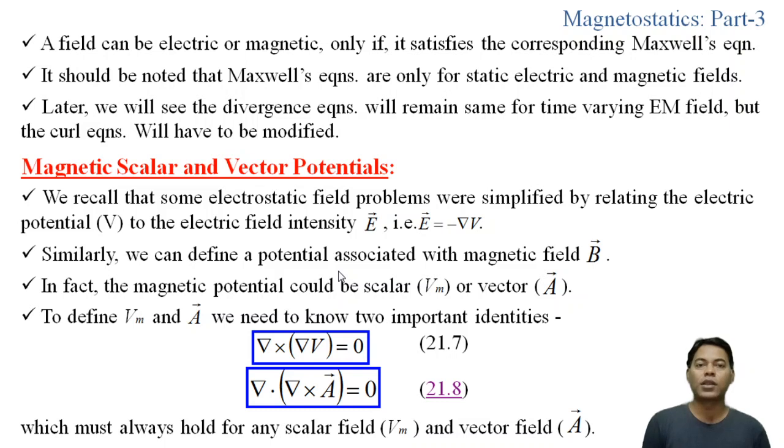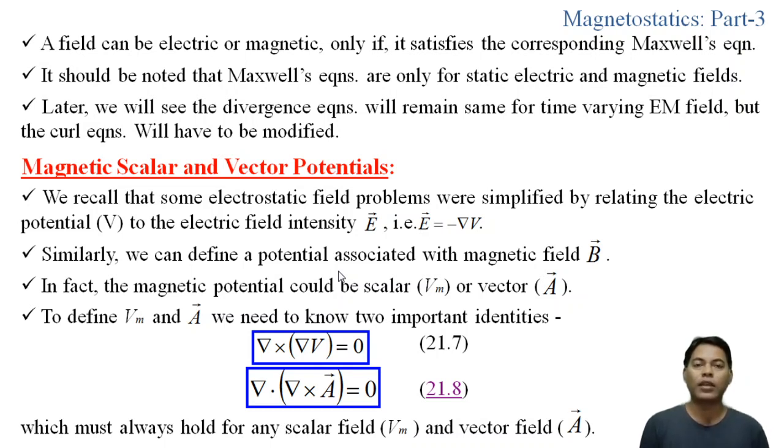So students, we have completed the first topic. Now we are moving to the second topic, that is the magnetic scalar and vector potential. To understand the potential due to the magnetic field, again we will get the idea from the electrostatic.